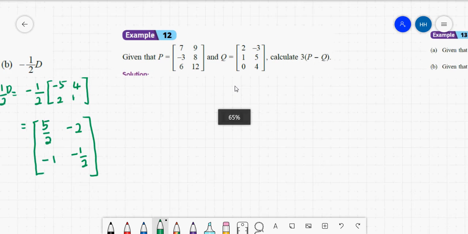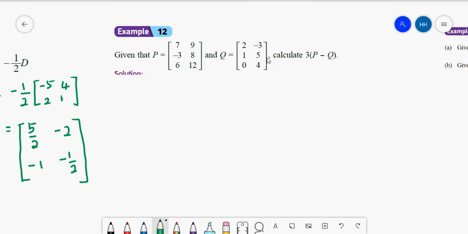Example 12. Okay, you have P and Q, and you see this is the combination of subtraction of matrix and scalar multiplication. So 3P minus Q is equal to 3, and then you have bracket. You can expand, or you can solve one by one.